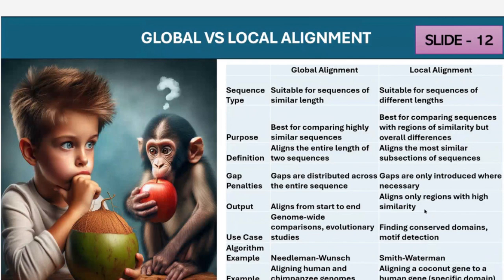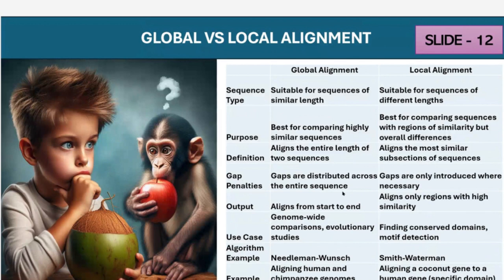Local alignment is performed locally, as indicated by its name, or partially across the sequences. It is suitable for sequences of different lengths and is best for comparing sequences that have regions of similarity but also overall differences.